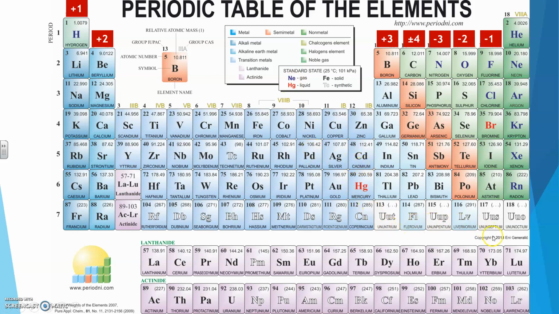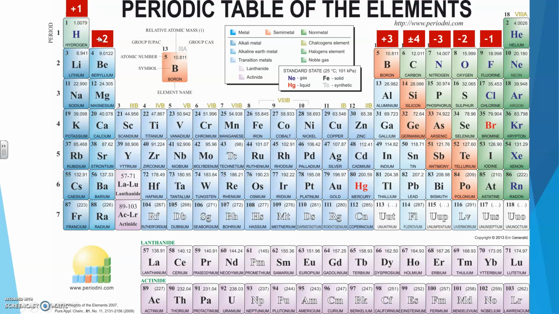And you can see that this was in 2013, so they had actually named two of these elements here, flerovium and livermorium. Another thing to point out is something I added, the most common ion charges for each group. So you've got your first group here that likes to form +1 charges.